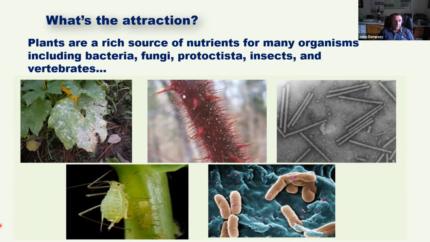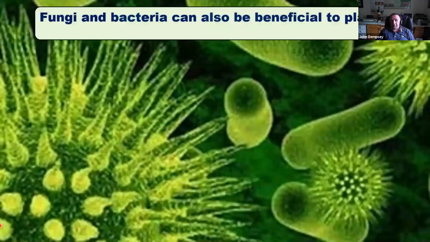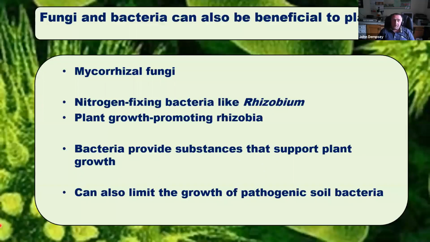And of course, not all these microorganisms are pathogenic. The vast majority of these organisms are beneficial, and in fact, we wouldn't have plant growth really without microorganisms. They're there to recycle, distribute nutrients, and another picture of a virus there, sorry. But they can be very beneficial to plants, so they're not all bad.